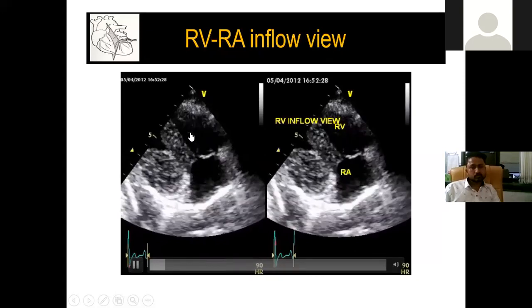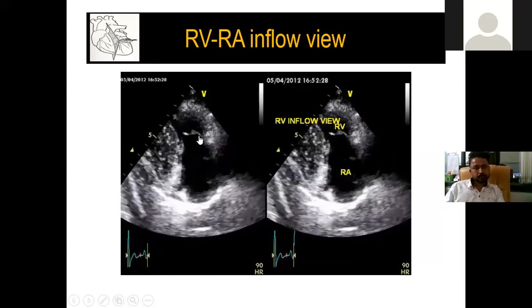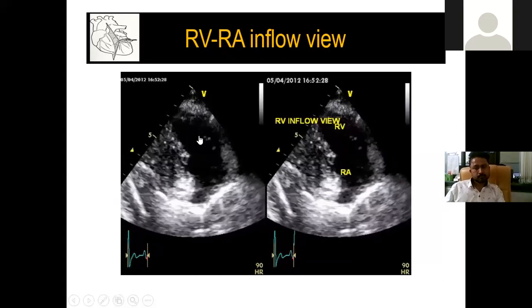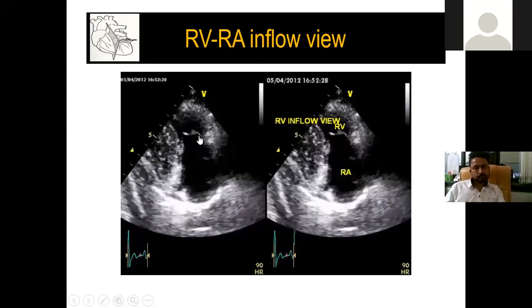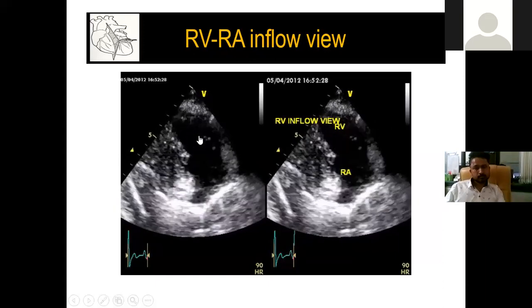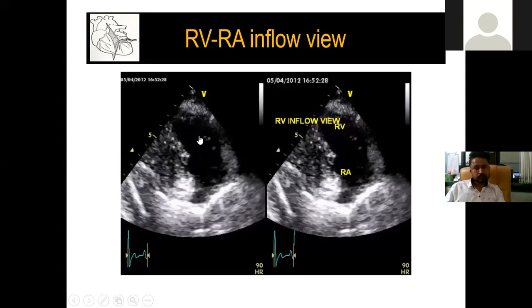Here is RA, here is RV. And if I put my cursor line across this particular phenomenon, what do I get? I get a very good tricuspid regurgitation gradient. And this tricuspid regurgitation gradient is helpful for what? For calculating pulmonary artery pressures. And all of you can understand, when we have a lesion either on the right side or left side, we need to assess the right-sided functions along with pressures.